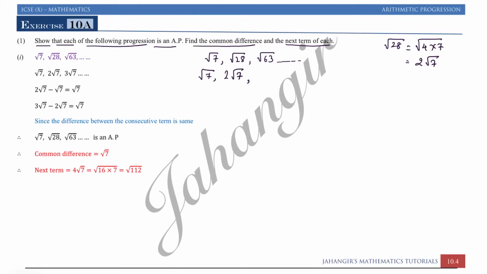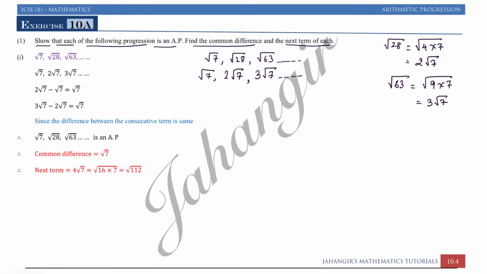Third is root 63, that can be written as root 9 into 7. So 9 का square root is 3 root 7. Okay. So first convert in this way.